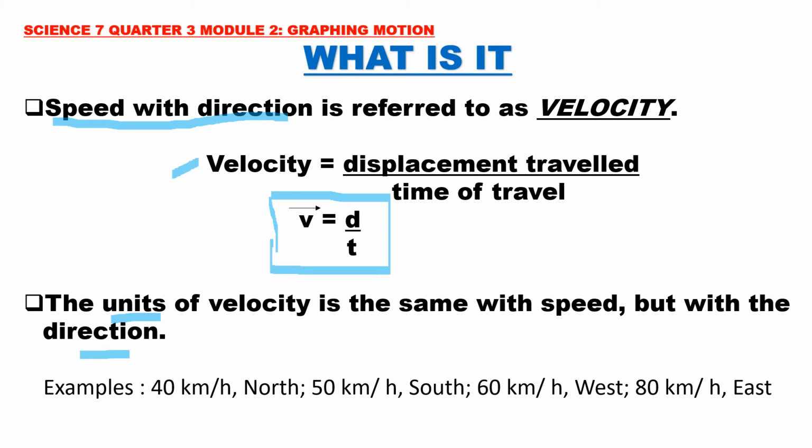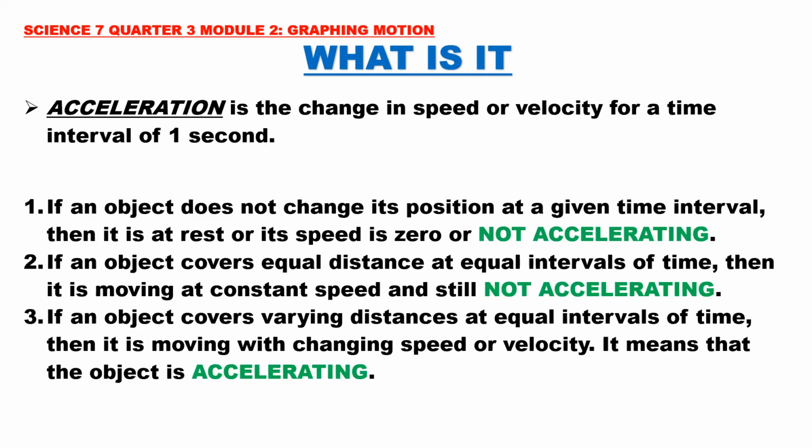Example natin, 40 kilometers per hour north, 50 kilometers per hour south, 60 kilometers per hour west, or 80 kilometers per hour east. So, pag may kasamang direction ang ating speed, we call that quantity velocity.